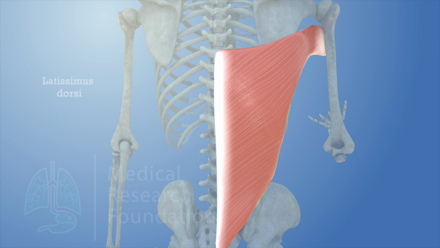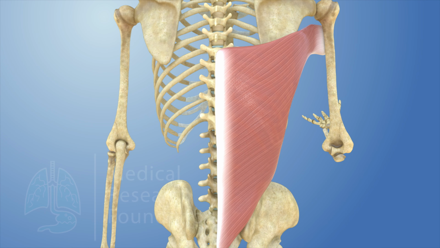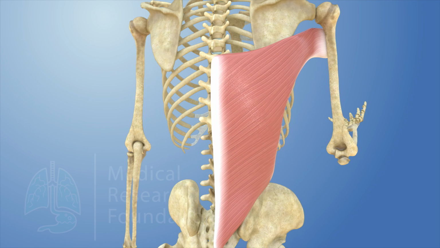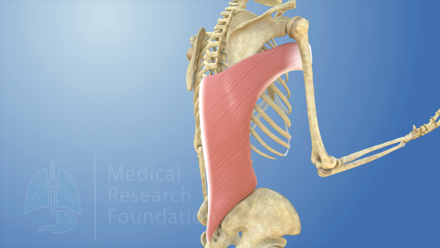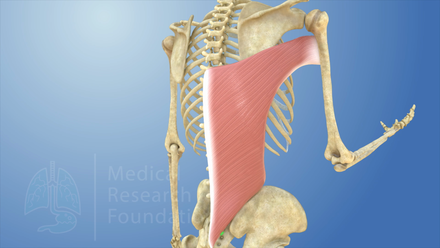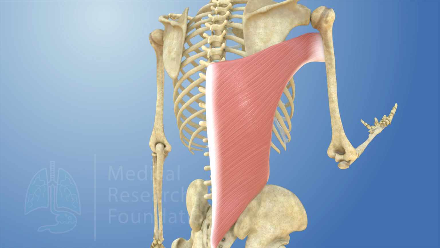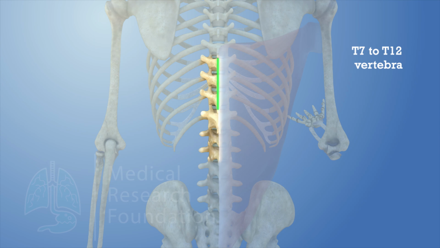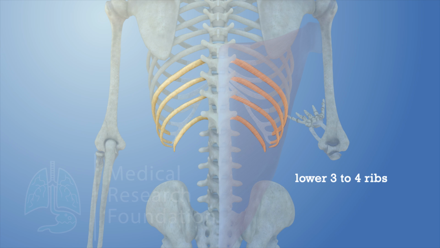Latissimus dorsi. Origin. Origin of latissimus dorsi takes place from the iliac crest, lumbar fascia, spinous processes of T7 to T12 vertebrae, lower 3 to 4 ribs, and inferior angle of scapula.